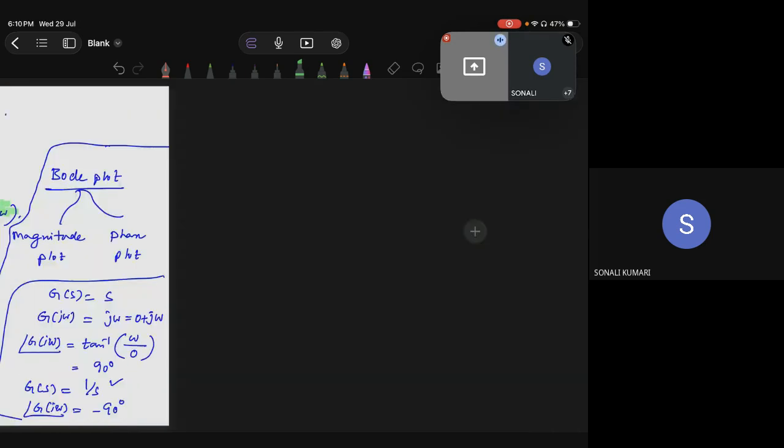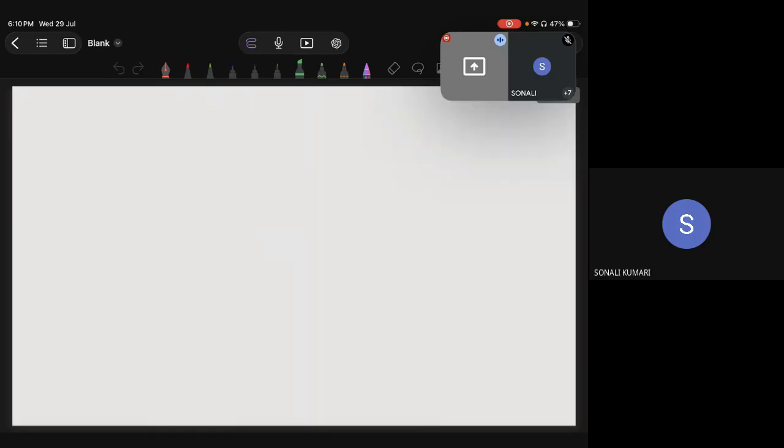Now the important part: we draw the plots. We'll draw a Bode plot. While drawing, if you have any doubt, you can ask me.